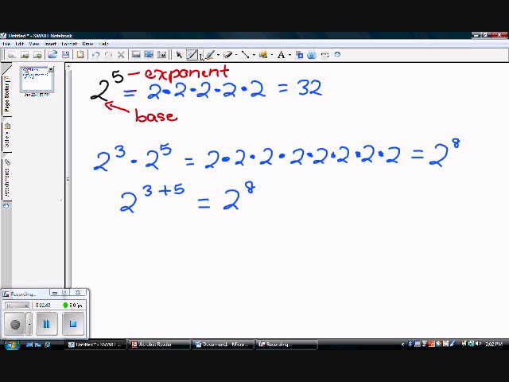Let's do example 2. So example 2, we want to simplify the expression. The directions are important because if you don't read the directions, you might do a process but not answer the question.